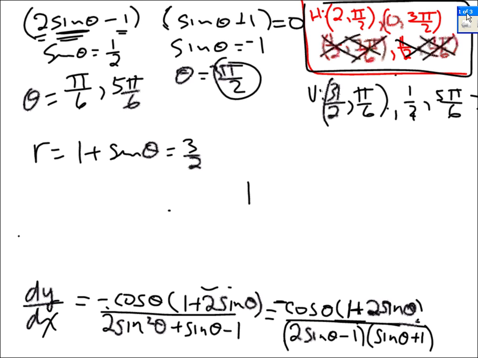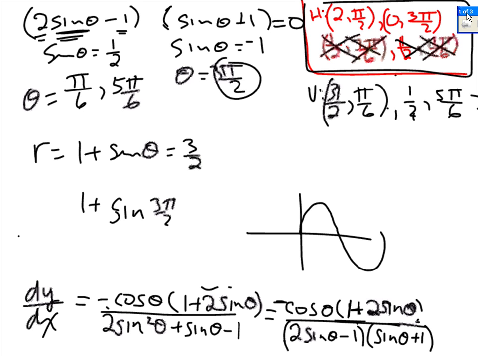Let me see what we get there. 1 plus the sine of 3 pi over 2 is negative 1. So you have 1 minus 1 is 0. So, excuse me, r is 0. So 0, the angle is 3 pi over 2.